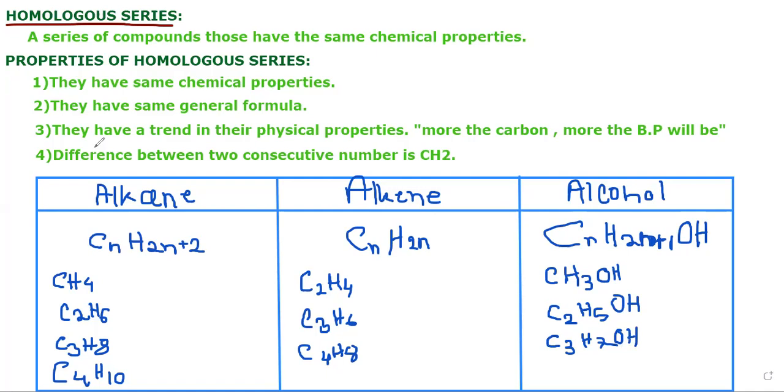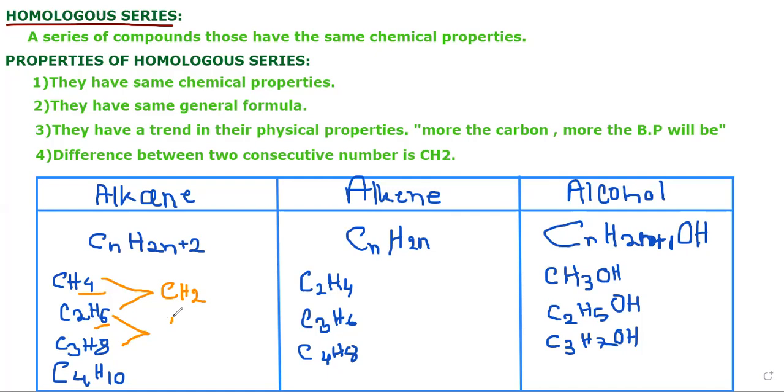Now let us see what we know about the properties of homologous series. From the properties, we learned that the difference between two consecutive members is CH2. So CH4 and C2H6. See, there is the same difference of CH2. The difference between carbon atoms is 1C, and there is H6 and H4, so 6 minus 4 is 2.